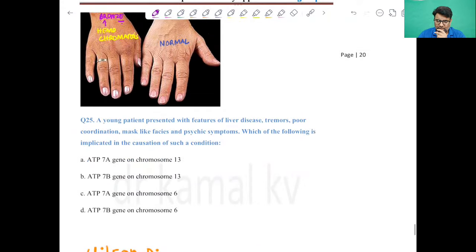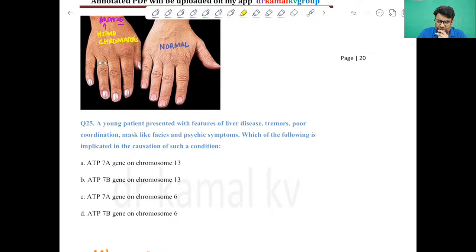And then the last question, a patient has liver disease, there are tremors, there is poor coordination, there is mask-like facies, and there are psychic symptoms. This problem is because of what condition? So here what we can see, there is liver disease.